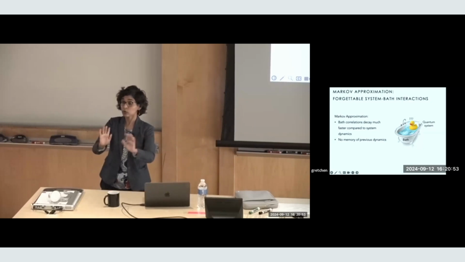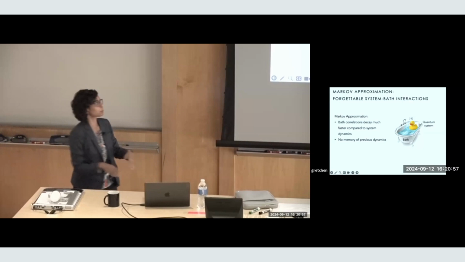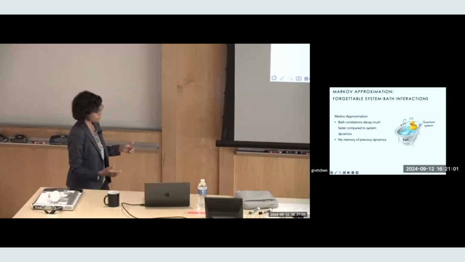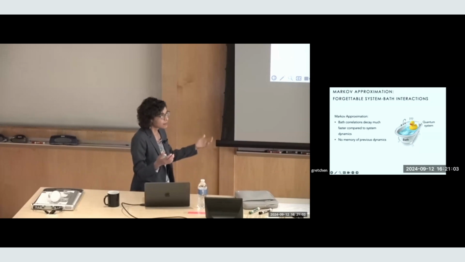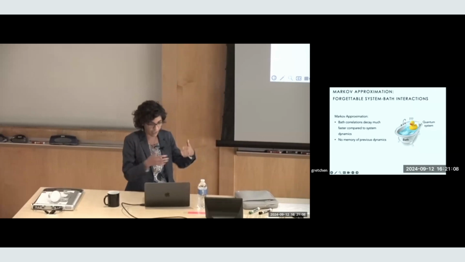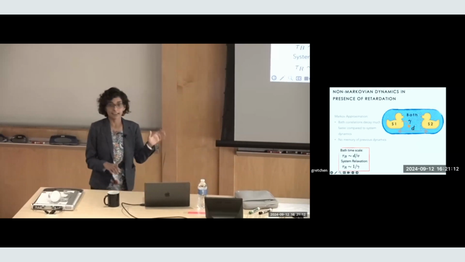So that you don't have to remember what happened in the environment. It's a pretty forgettable system-bath interaction, in other words. And your system can evolve based on whatever its state is now, and you don't have to have any memory of its previous dynamics.